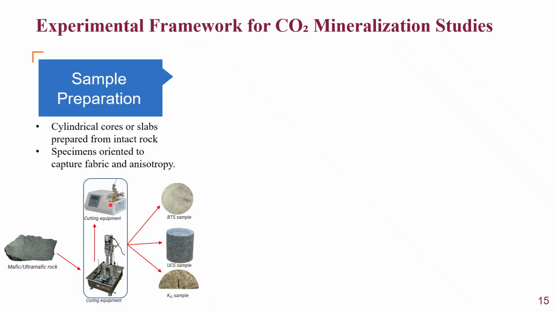Then it's sent to a cutting machine where it is cut into various shapes for different tests. For example, for a BTS test, it is cut into this cylindrical slab. For a UCS test, you cut it into a cylindrical core like this, and then for a K1C sample, for fracture toughness, it is prepared in a semicircular form with a notch this way.